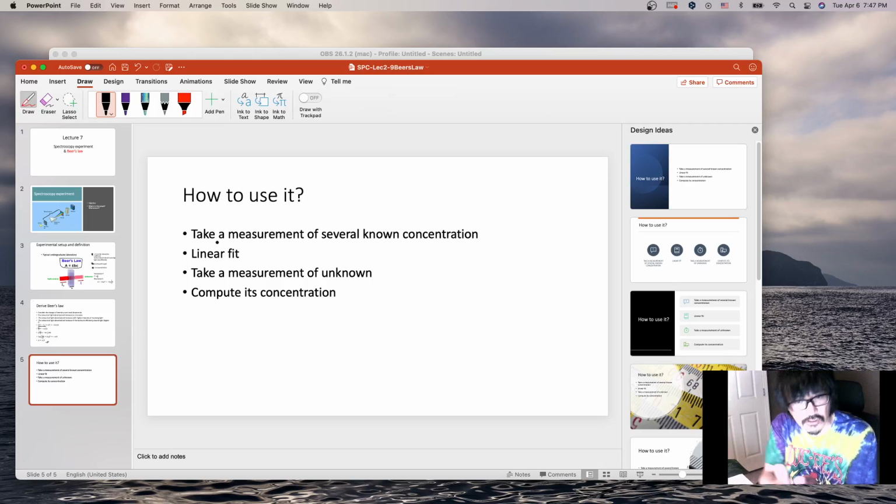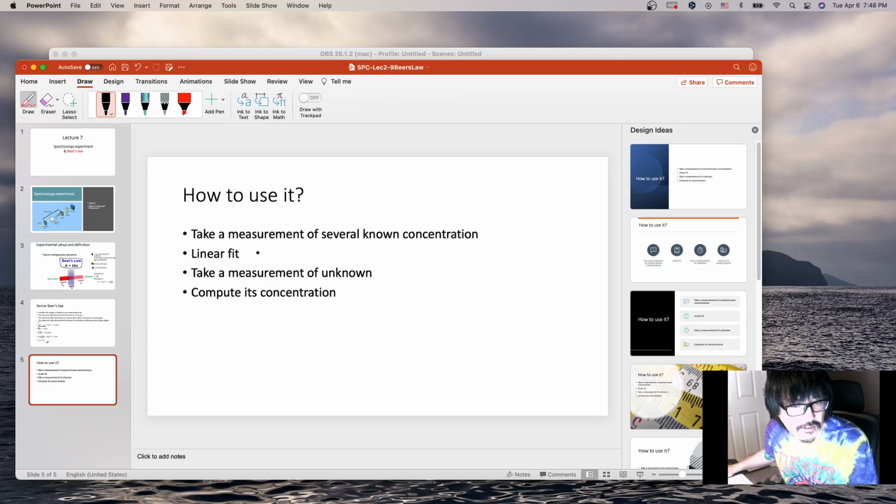And then once you tune the frequency of the light to match your sample, you want to take measurements of several known concentrations which contain the same type of molecule.